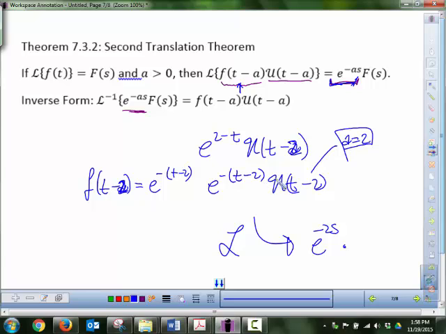Right? And if this is really confusing, one thing you can do is replace this t minus a with x. So now you're looking at the f function itself, which is e to the negative x. And if you take the Laplace transform of this, it is 1 over s minus negative 1.